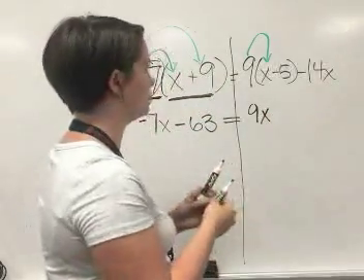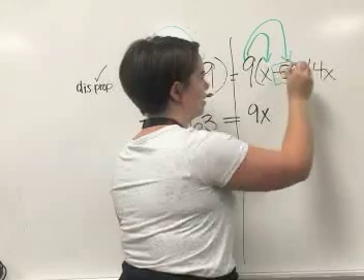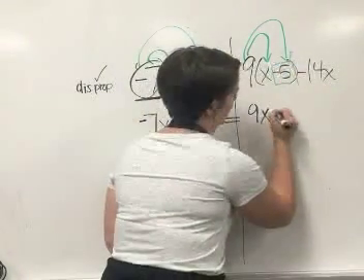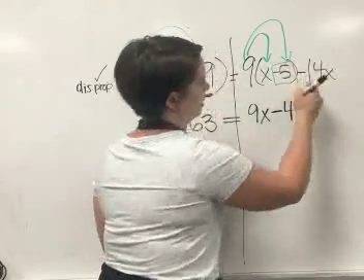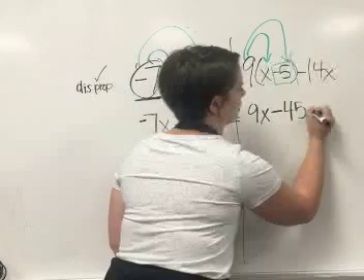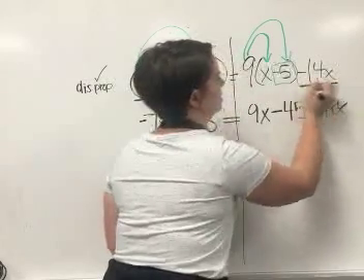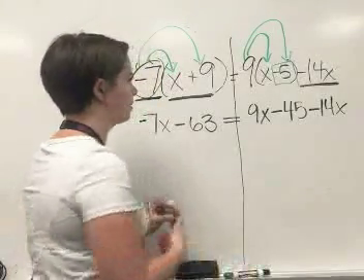And then I'm going to multiply +9 times -5, and I'm going to get -45, and then I keep my negative 14x. This stays exactly the same. Okay, next step.